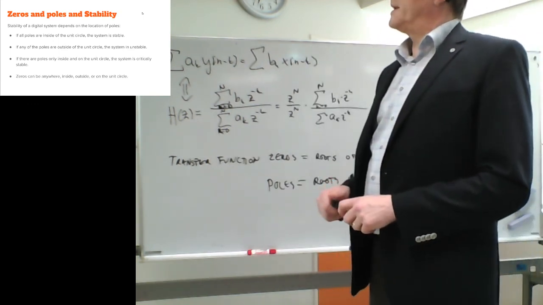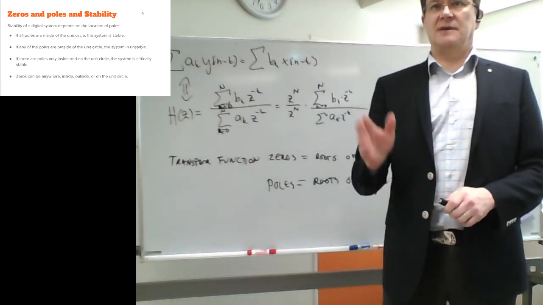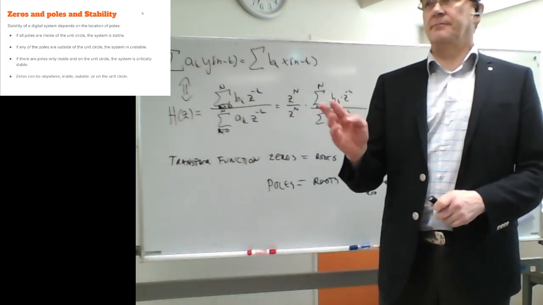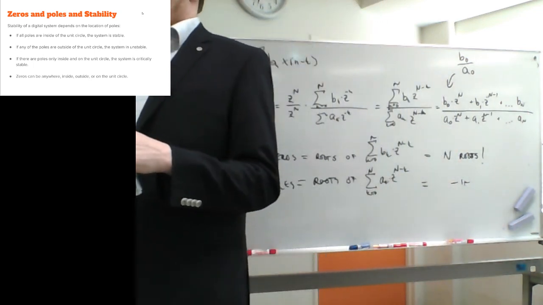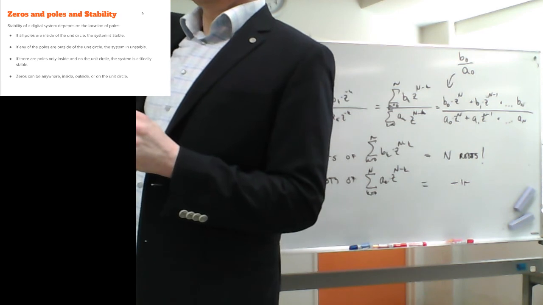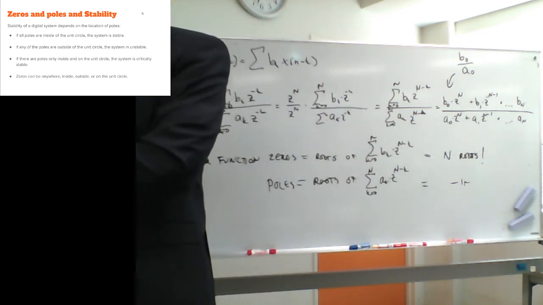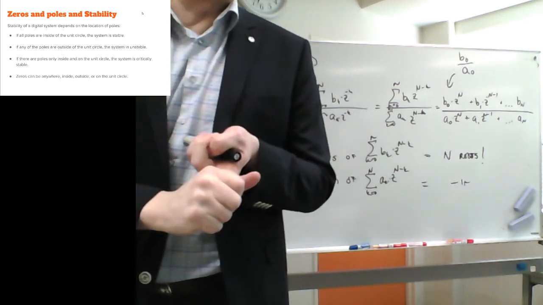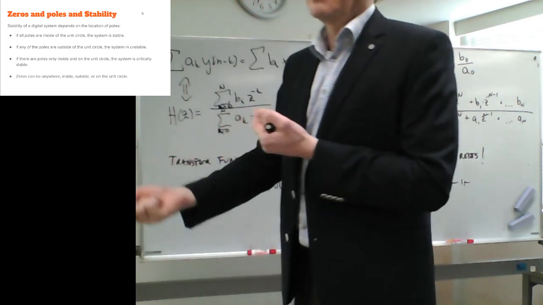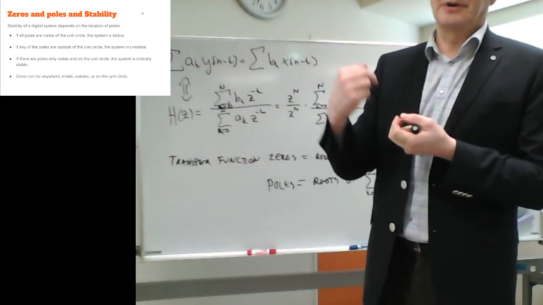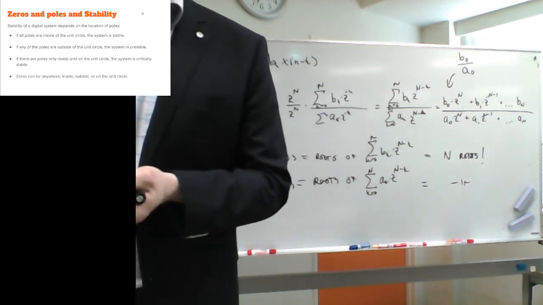If they are outside, then the system is unstable, meaning that if you hit it with any impulse or whatever noise you may have, it usually starts oscillating radically and eventually goes to infinity, meaning not a number in a computer. Your floating point unit gives you not a number, or the arithmetic logic unit gives you an overflow flag.